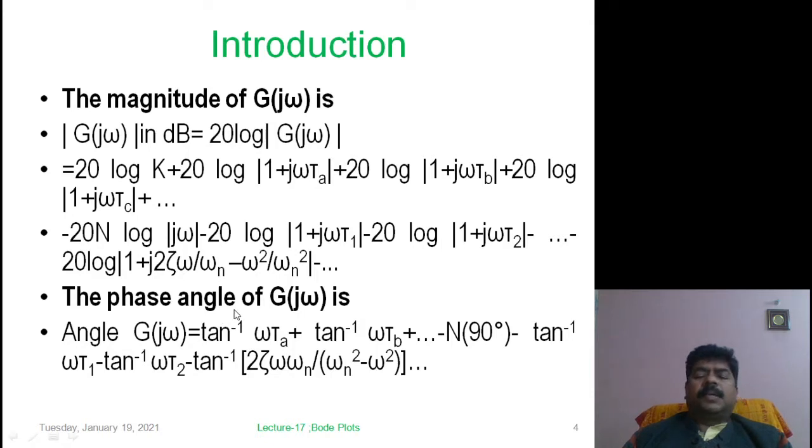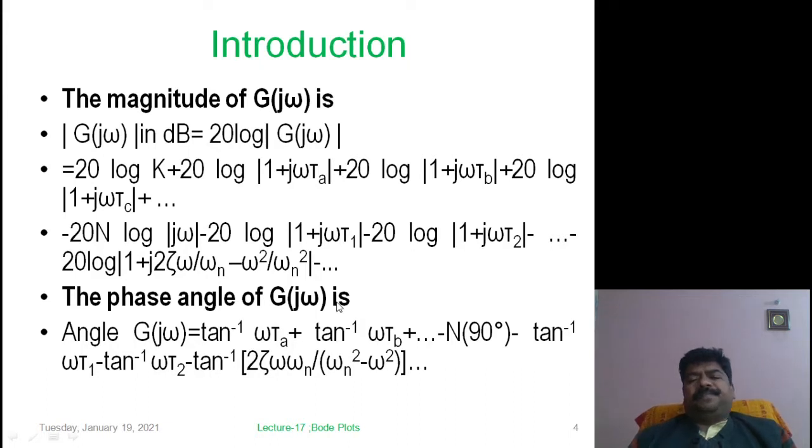Well, the phase angle of the given transfer function can be written as, for the zeros, tan inverse ωTa plus tan inverse ωTb, and for the multiple poles at the origin, minus n times 90 degrees, since jω is a pole at the origin and contributes minus 90 degrees. So for n poles, it will be minus n times 90 degrees. Similarly, simple poles contribute minus tan inverse ωT1, and the complex pole contributes minus tan inverse of 2ζω ωn over (ωn squared minus ω squared).